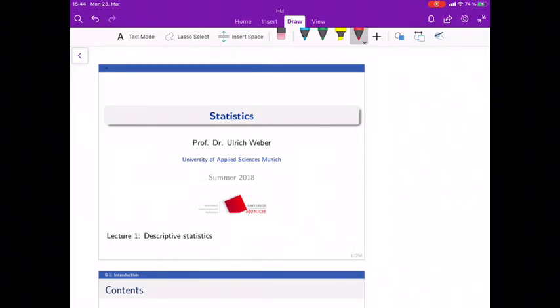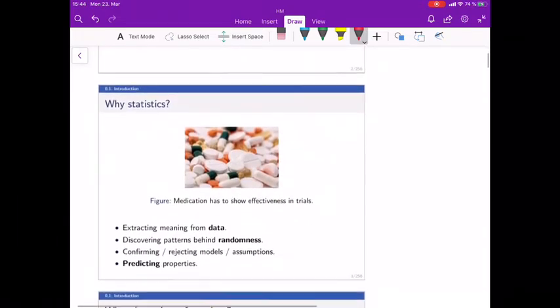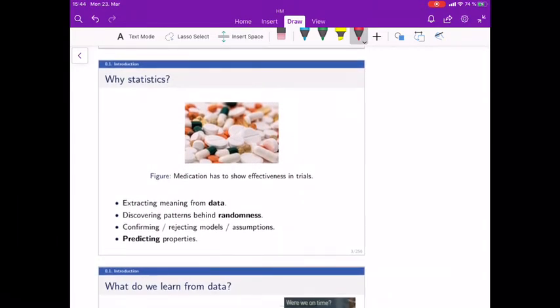Alright, let's have a look. Statistics. So why do we need statistics? Well, statistics help us a lot when we want to extract meaning from data. Data is being recorded everywhere, especially in digital times.